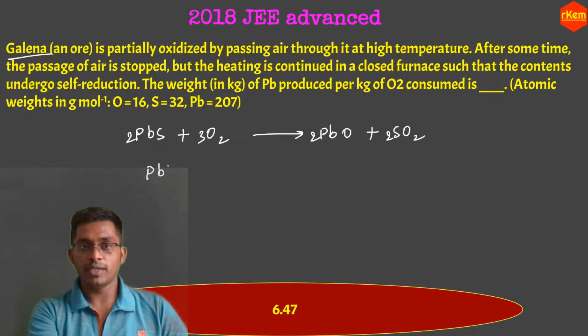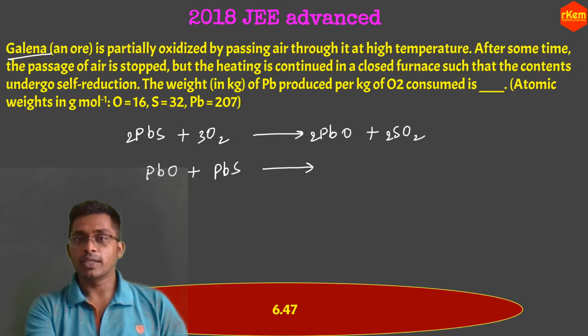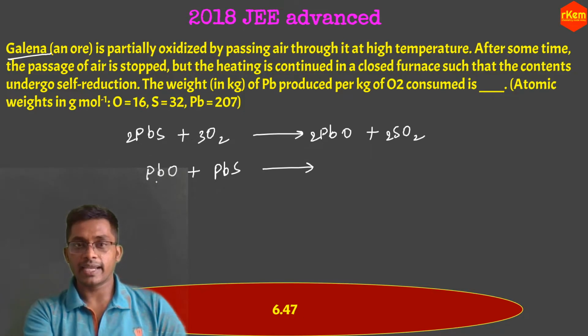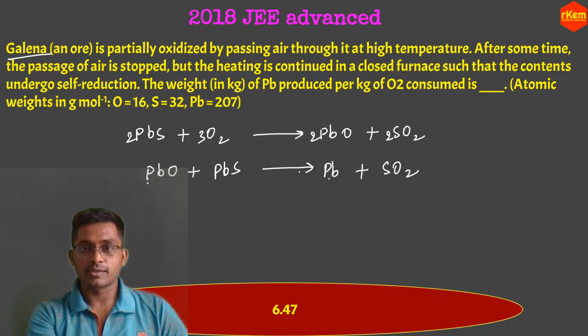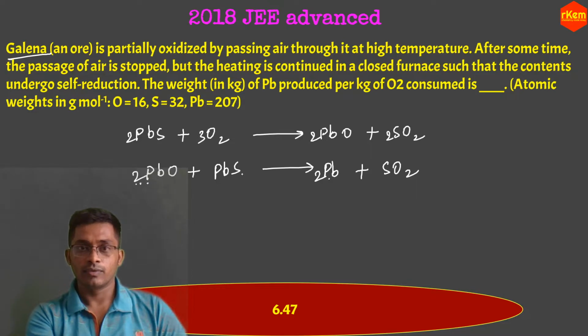Now PbO plus PbS, self reduction, right? Whatever lead oxide is formed, this again reduces PbS to Pb plus SO2. Now balance this. So PbO, PbS, right? So there's 2 Pb, right? And SO2. So 2 PbO, fine.